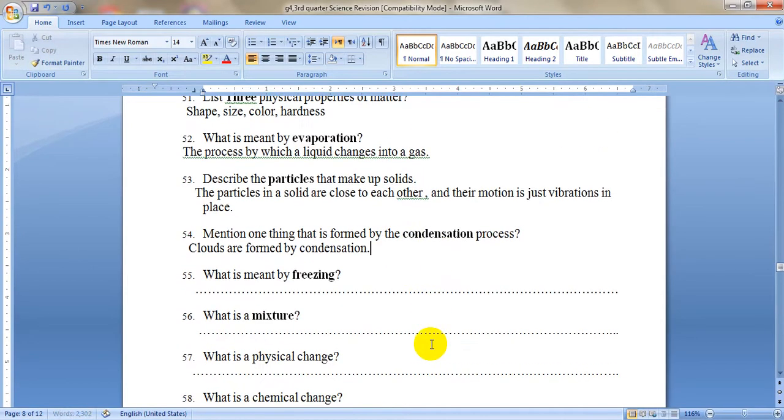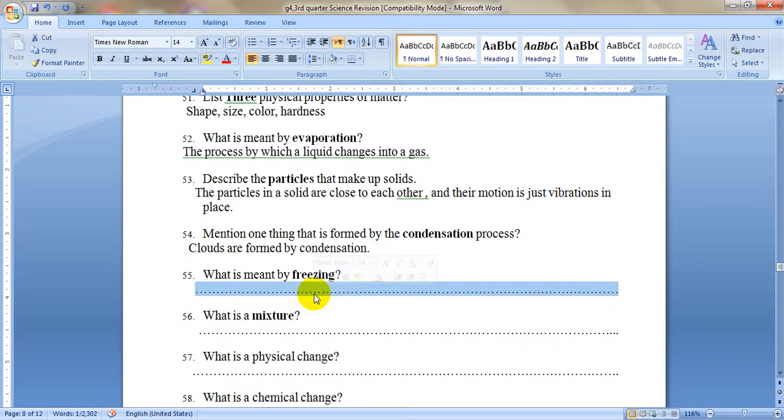The next question, what is meant by freezing? Like when you change water into ice. What did we do here? We changed liquid into solid by taking away heat from it or by decreasing its temperature.